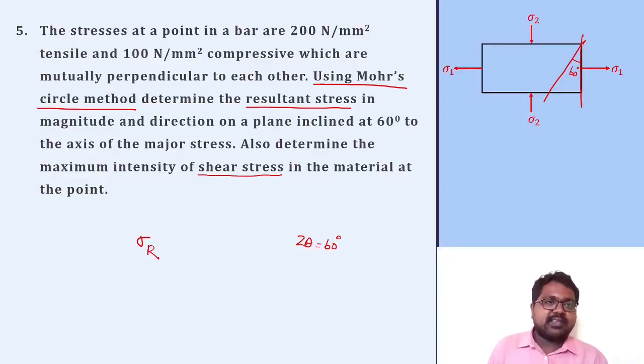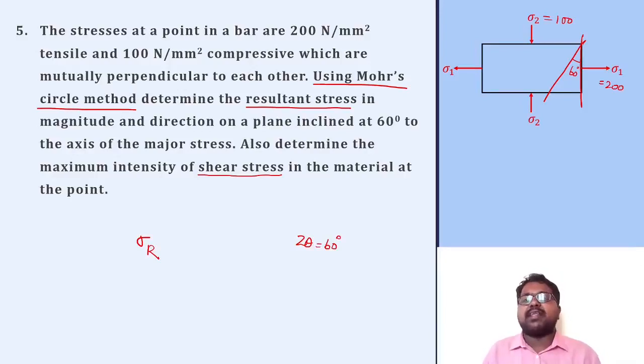If we take this rectangular part as a point, here we have sigma 1 and sigma 2 acting like this, where sigma 1 is 200 Newton per mm square and sigma 2 is 100 Newton per mm square, which is compressive. Using this data, we are going to find sigma r, the resultant stress, and also sigma t max, the maximum shear stress.